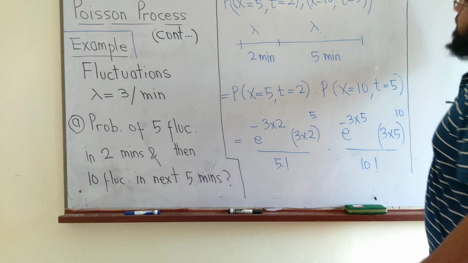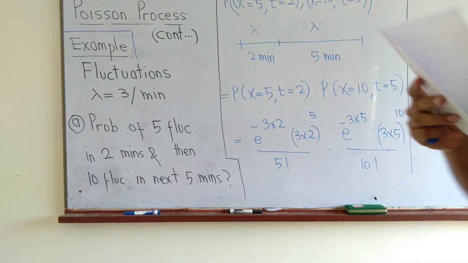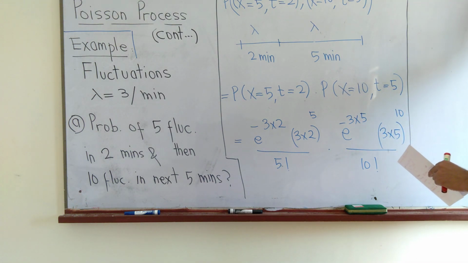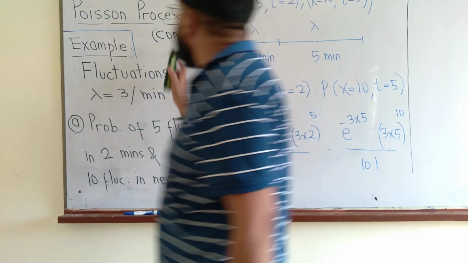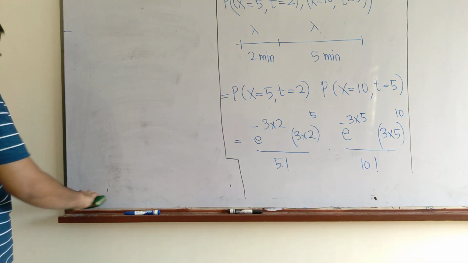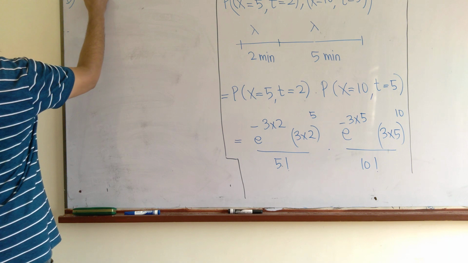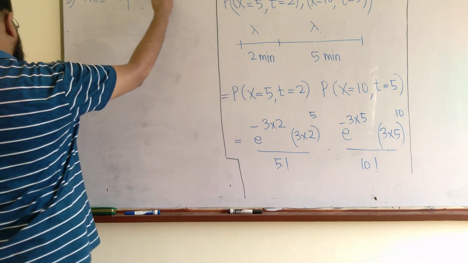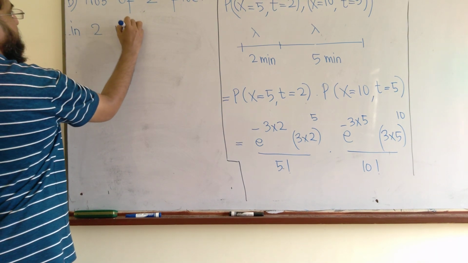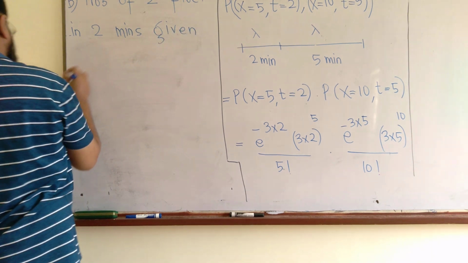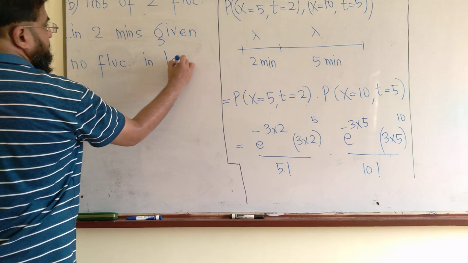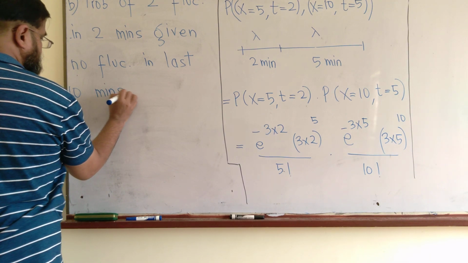So in part B of this example, we need to find out the probability of 2 fluctuations in 2 minutes given no fluctuation in the last 10 minutes.